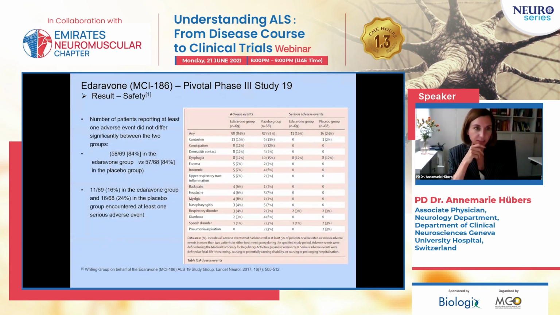Regarding safety, it looks like Edaravone is actually quite safe. Most patients reported adverse events, but adverse events were evenly distributed in the Edaravone group and in the placebo group.